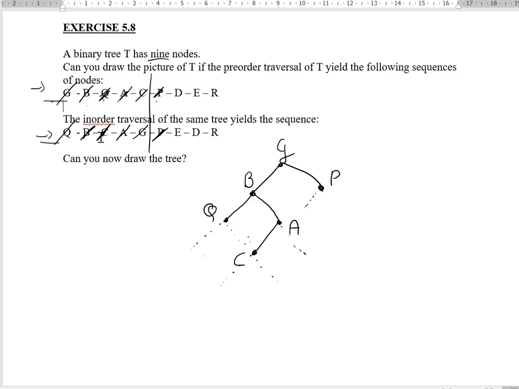Then on the pre-order we have a D, so we have to go to the right tree, and it's not there yet, so that means the left tree is not empty, so we have an E, and that's the one we also see, so this one is empty. And then we go back to D, so the right one is also empty, and then the last element is R. And so let's check.